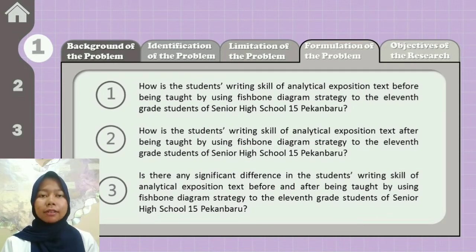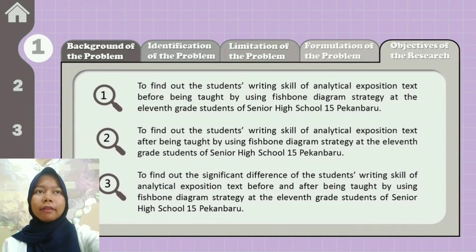The second is, how is students' writing skill of analytical exposition text after being taught by using the Fishbone diagram strategy to the 11th grade students of Senior High School 15 Pekanbaru? And the last is, is there any significant difference in the students' writing skill of analytical exposition text before and after being taught by using the Fishbone diagram strategy to the 11th grade students of Senior High School 15 Pekanbaru?